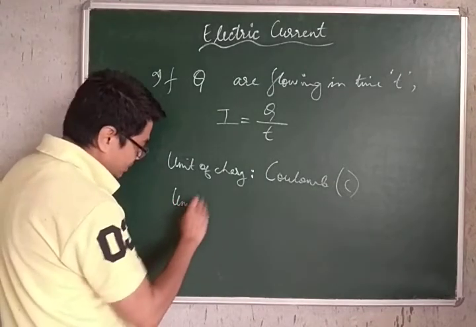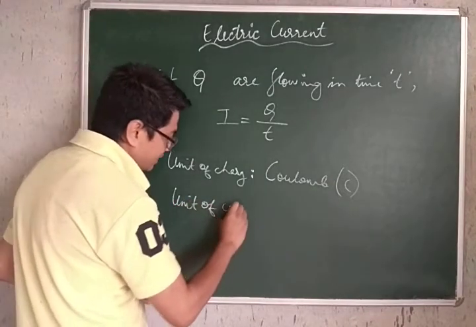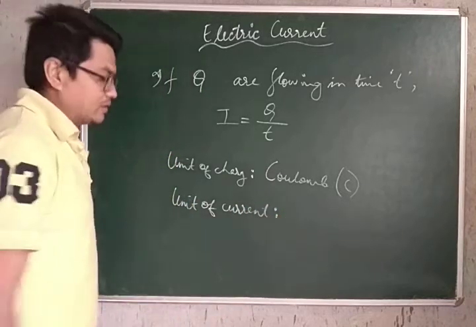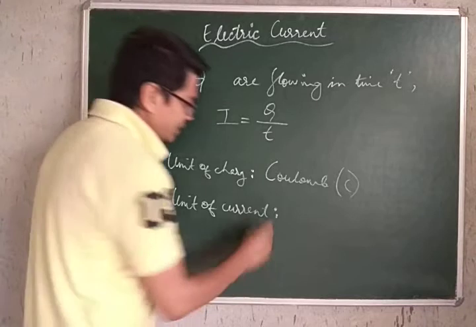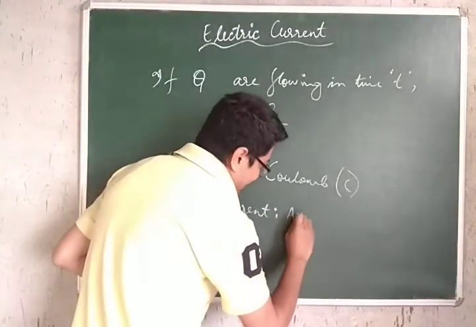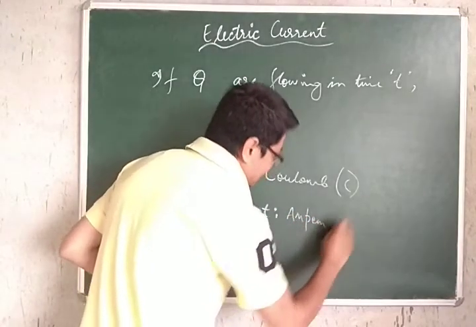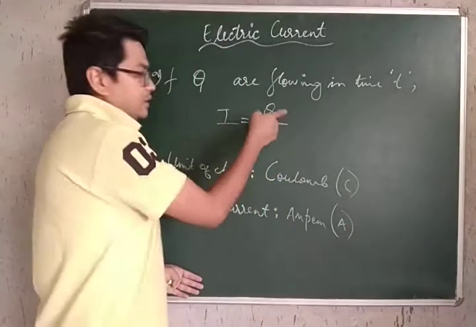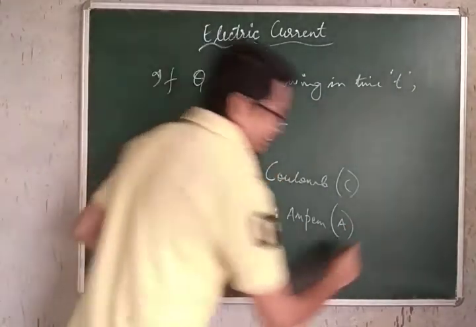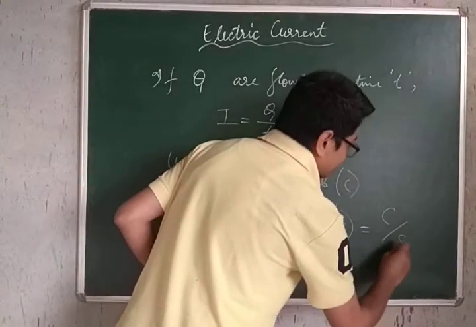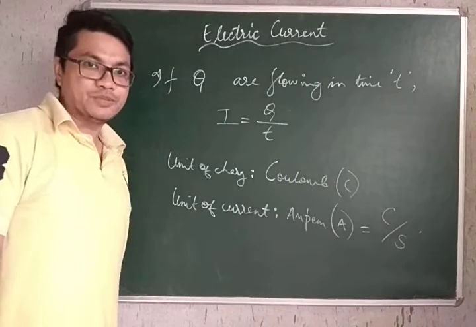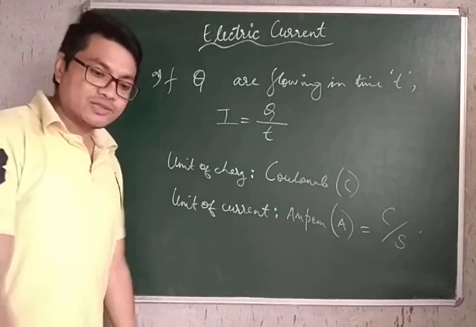Therefore, the unit of electric current is ampere, denoted by a capital A. And ampere is coulomb per second. Remember, coulomb per second is what is called ampere. So this is about electric current.